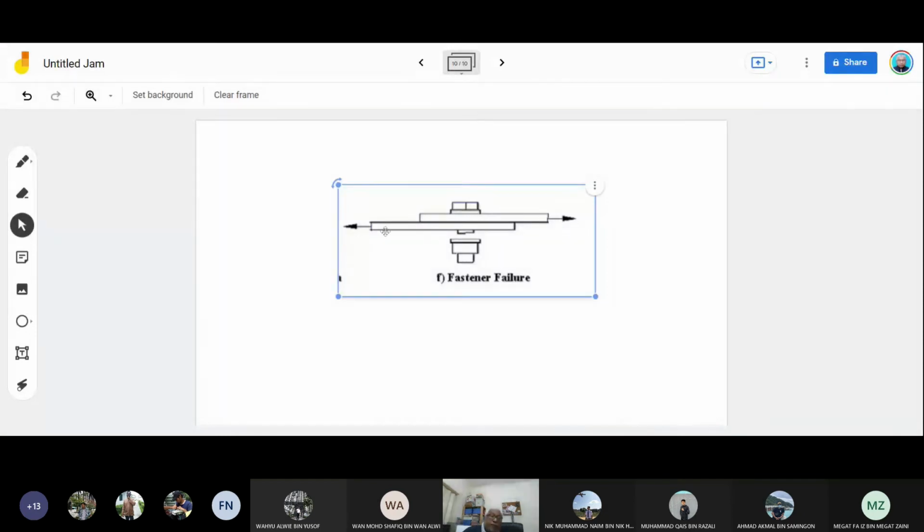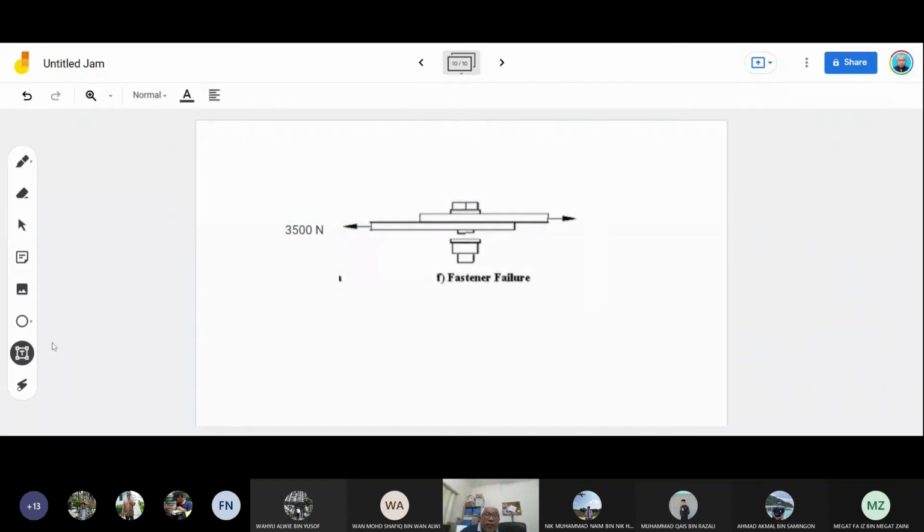So for this situation, everything is the same. Like I said again, this is an analysis of the same design. 3,500 Newton, and this one is 3,500 Newton. Pull and still shear.